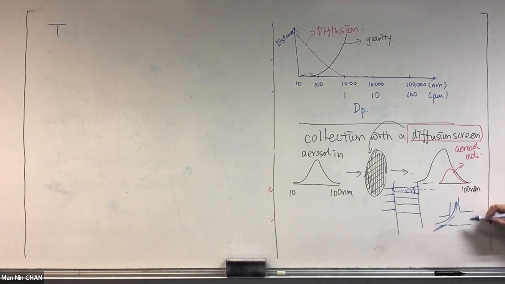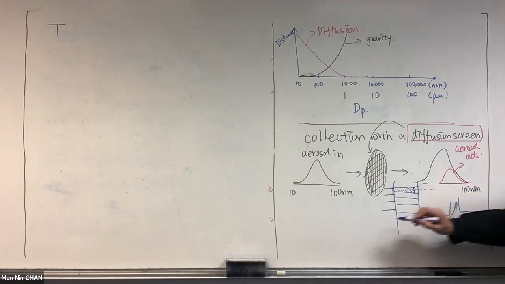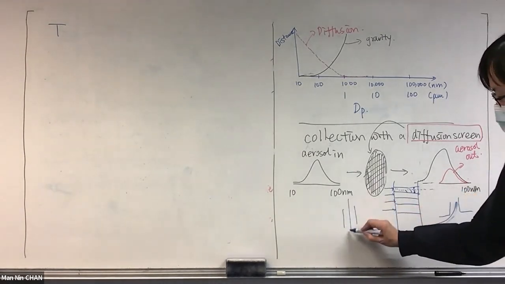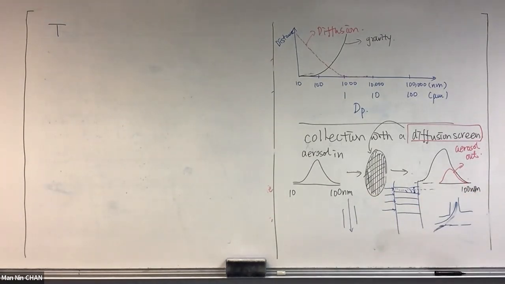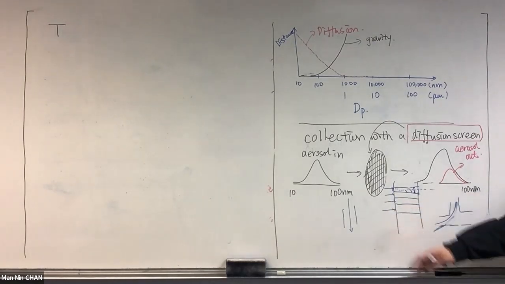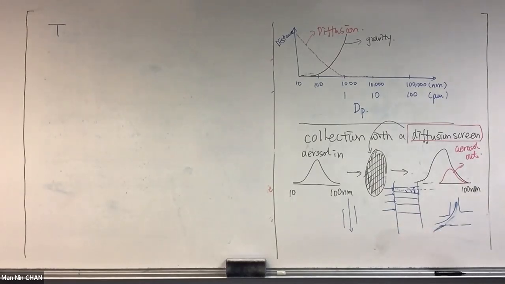If you don't change the direction of your flow, large and small particles just go through the channel. I hope that I answered your question. Any other questions? Okay, good.